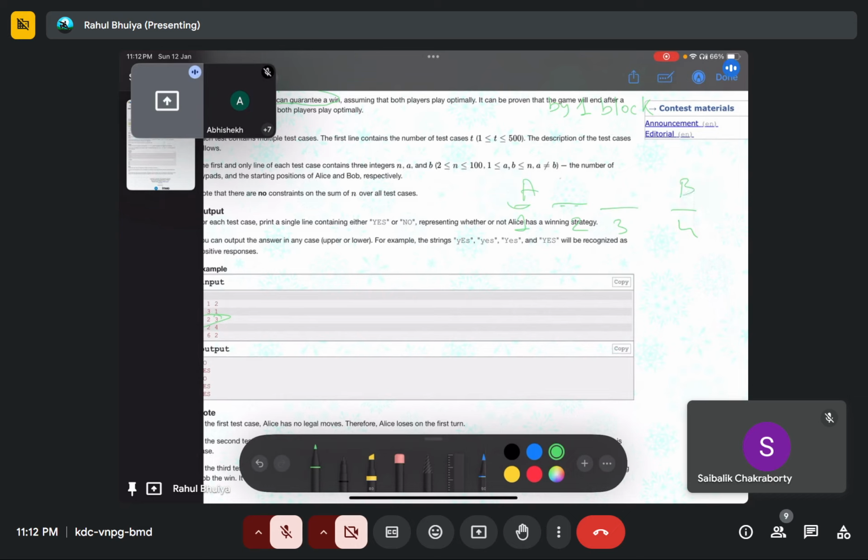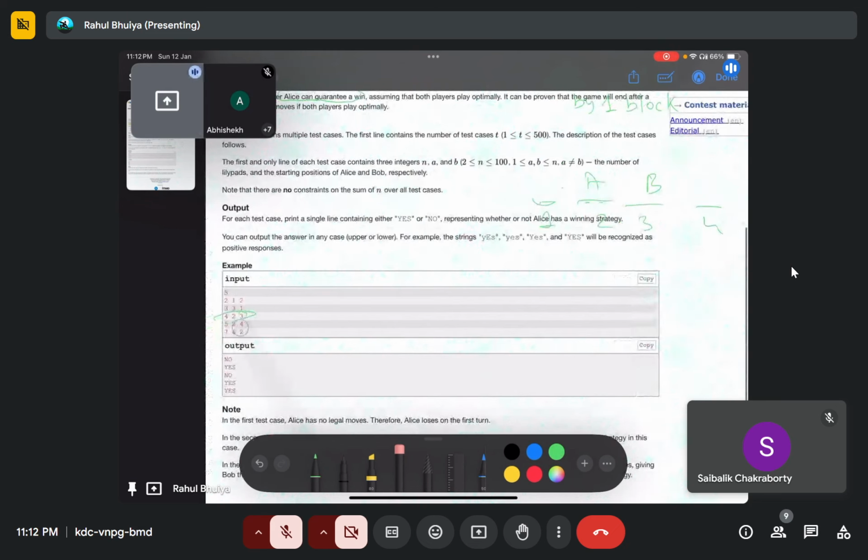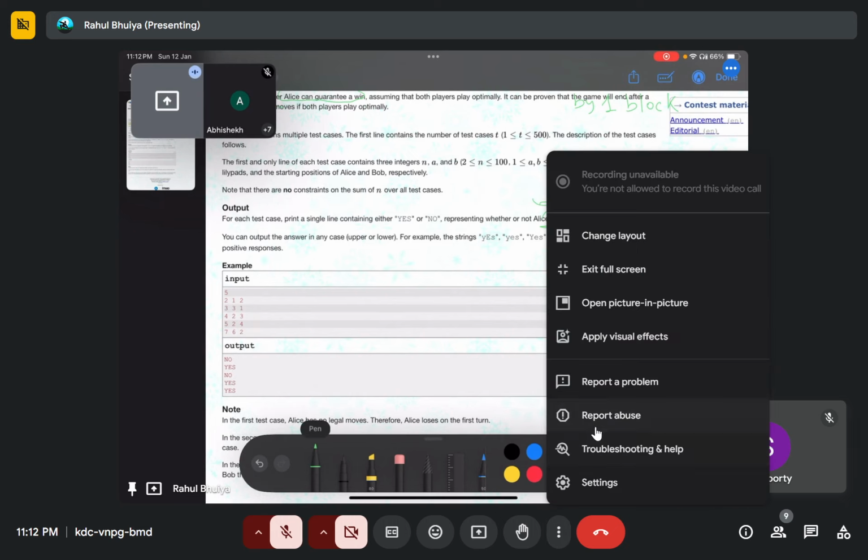Then if I go back, there was one more move. Alice can go here, Bob can go here. So Bob will come here, and Alice can come here again. Alice will come here, Bob will come here. After the third move Alice will come here, and Bob will come here after the fourth move. Again, it is the same scenario as the initial one, which was the scenario 4, 2, 3.